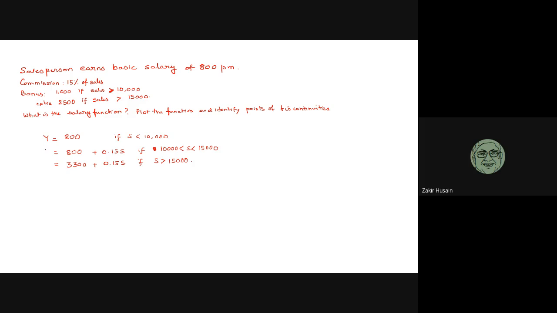Is it correct? The second one was 800, sir, the extra bonus was 2500 and the initials were not here. Sir, can I try? Oh sorry sir, I have made a mistake. Y equals 800 if S is 0. Then Y equals 800 plus 0.05 S if S is less than 10,000.